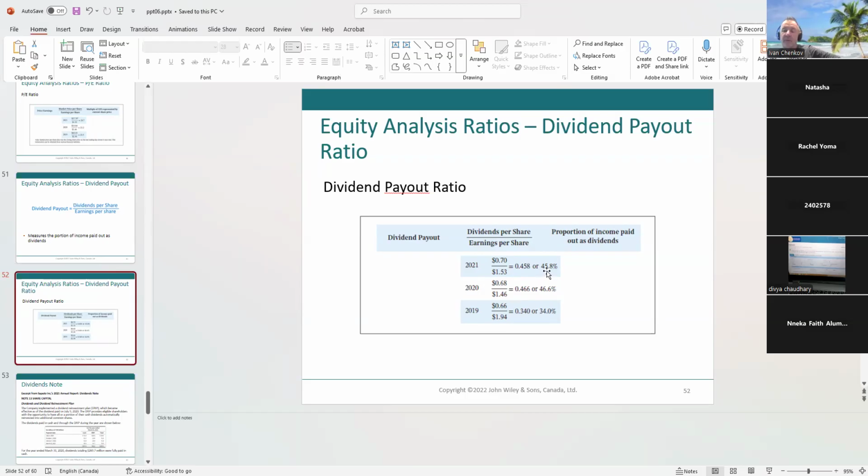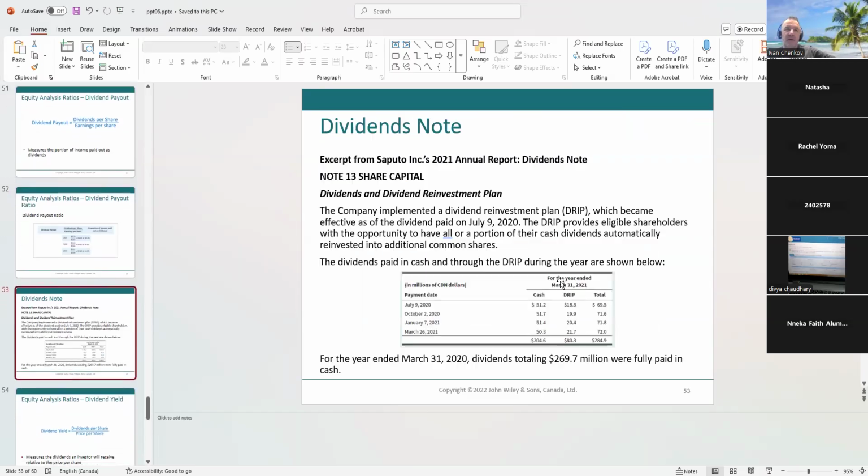For every dollar that the company generates as income, I'm giving to the shareholders only 46 cents. The other 54 cents, I keep in the company. That's how you should interpret this ratio.